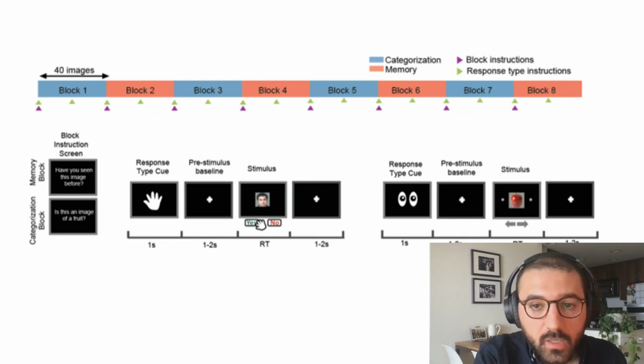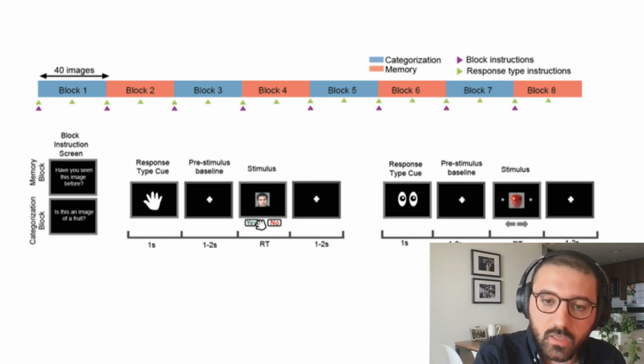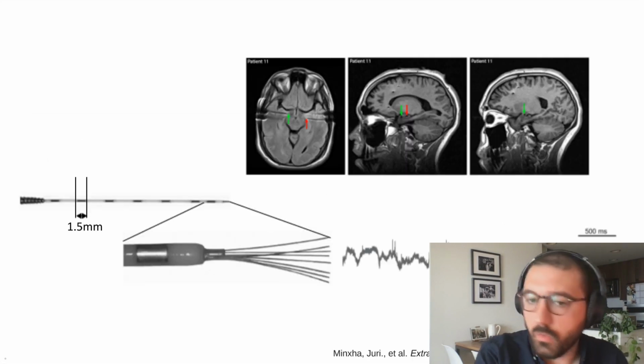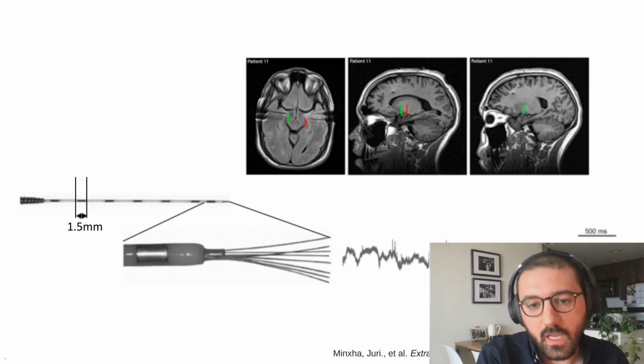In addition to the task instructions, they receive instructions about response type. So they can respond either by making a saccade to the left or to the right, or by pushing a button, yes or no.